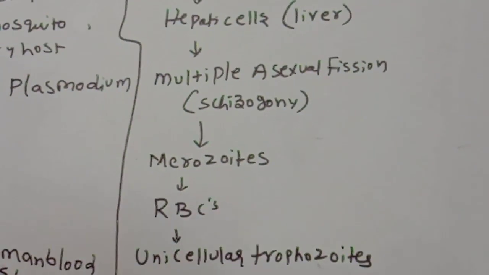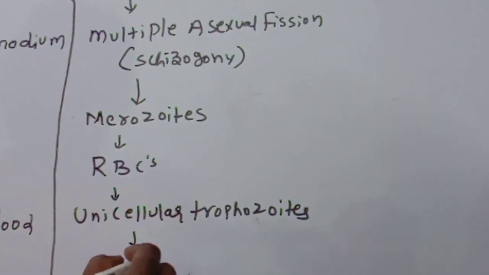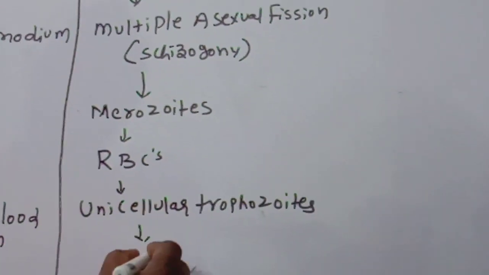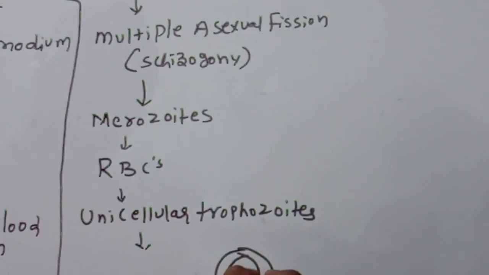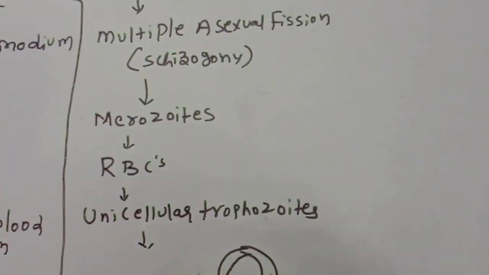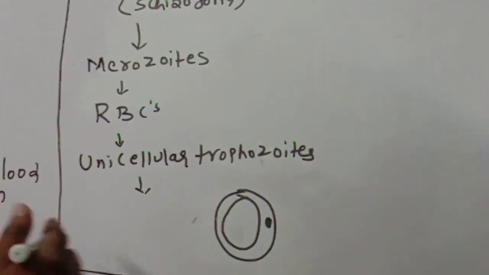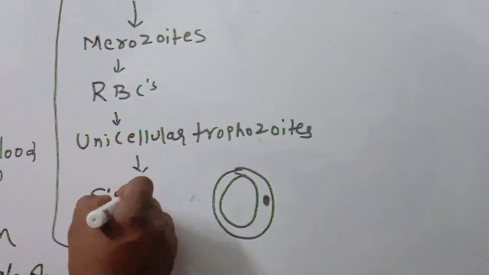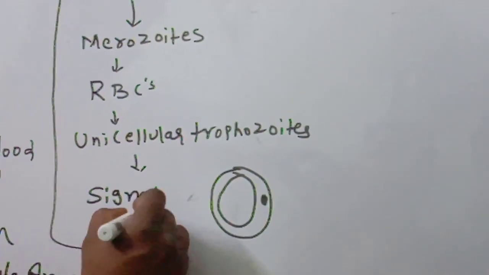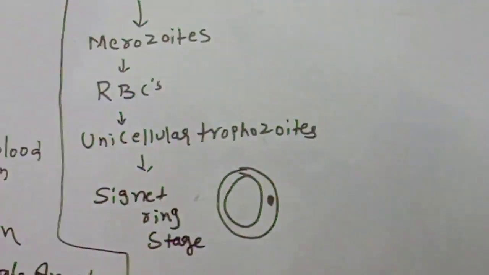The trophozoite grows in size, with a central vacuole developing and the nucleus here. This kind of stage is called the signet ring stage of the trophozoite.